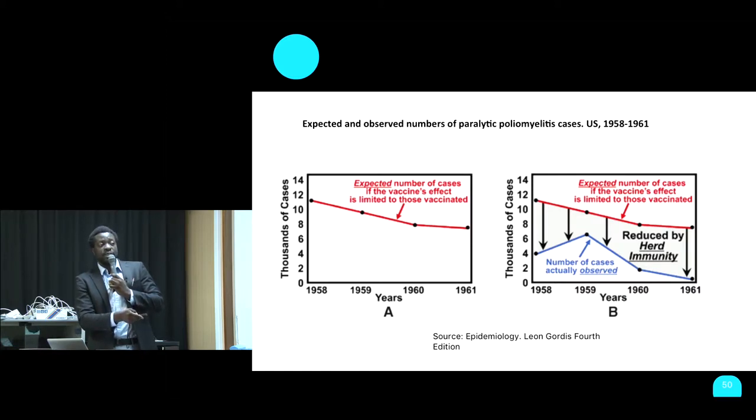So this means that some of the people in the community who didn't receive the vaccines were nevertheless protected by herd immunity. So herd immunity is a very, very important concept. And this is a very important concept that is used in immunization and vaccination programs. You want to know how many people in the community we have to vaccinate in order to protect everybody.